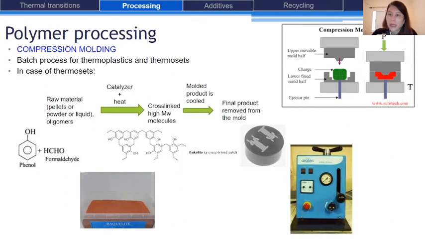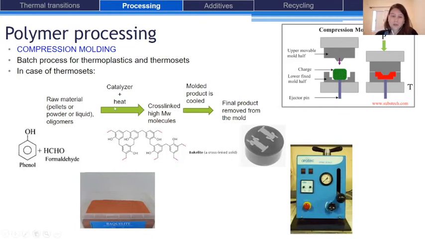So once again, we apply pressure and temperature. In that case, with thermoplastics, we will have to wait for a certain time after the polymer fulfills the cavity in order to cool the mold and to fix the shape of the product.